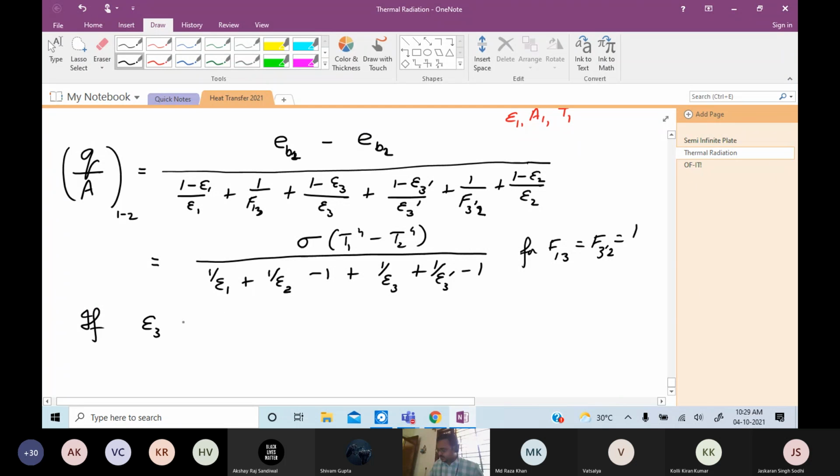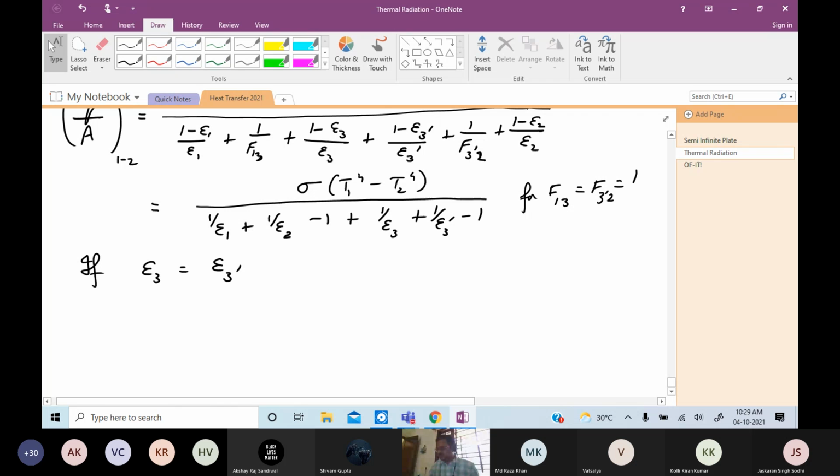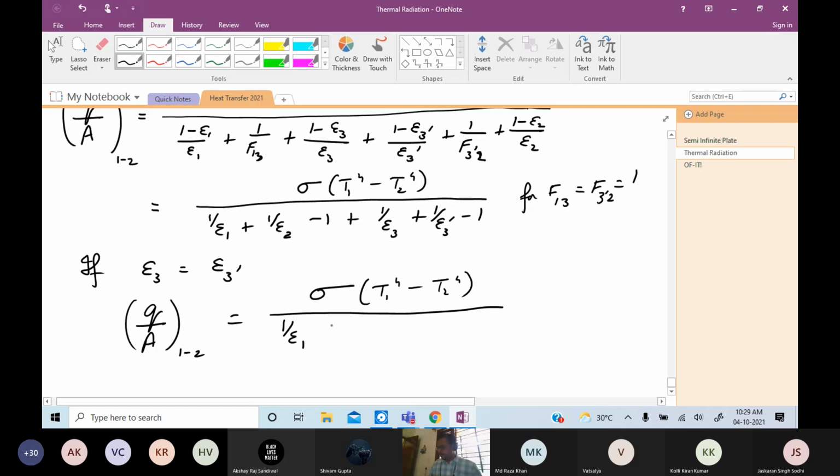And if epsilon 3 equals epsilon 3 prime, which is emissivity on both sides of the radiation shield being the same, compare this with what we got, exactly this expression.